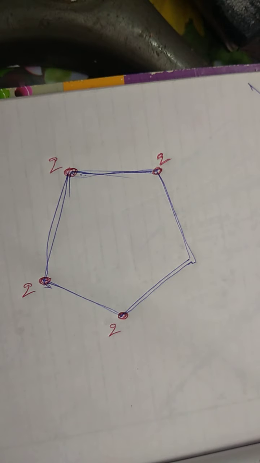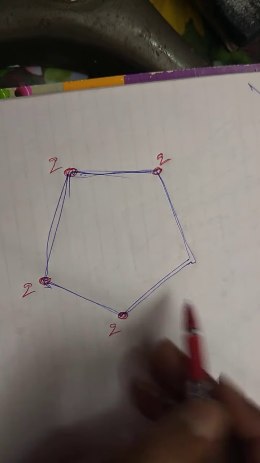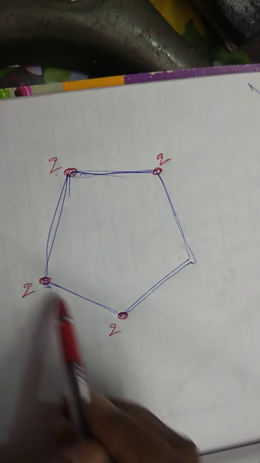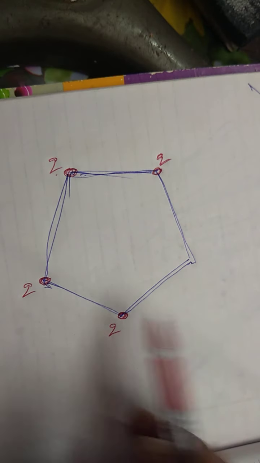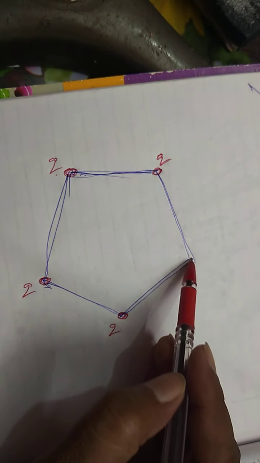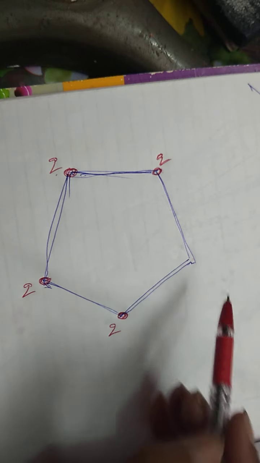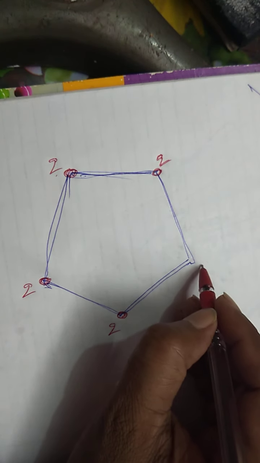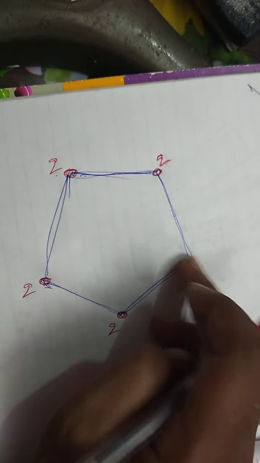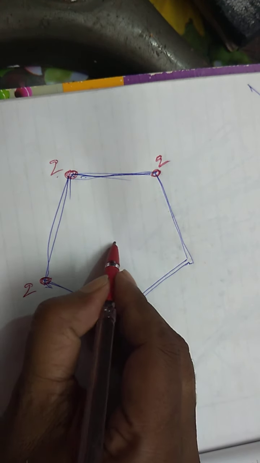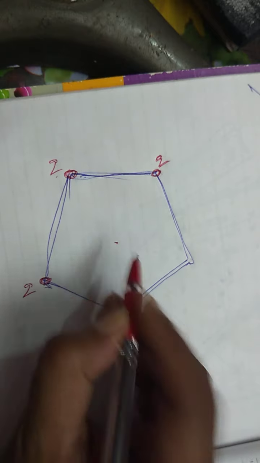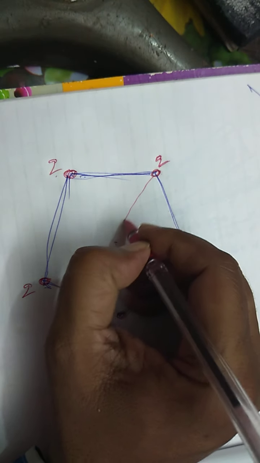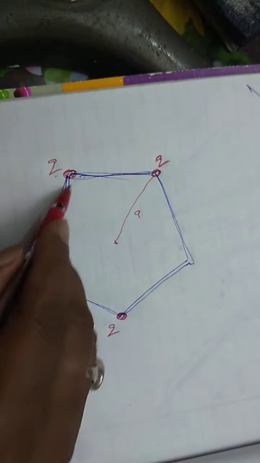Now in our problem, 4 corners are engaged with a charge q, and the 5th corner is free from charge. So if there had been a charge q, the net field would have been zero here at the center, and it is given in the question that this distance is a.